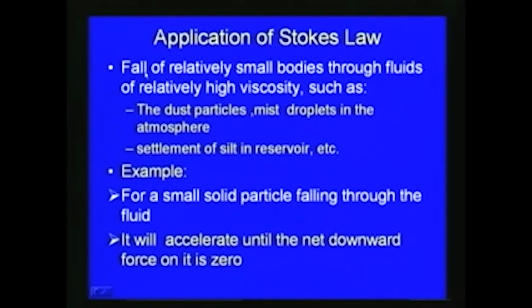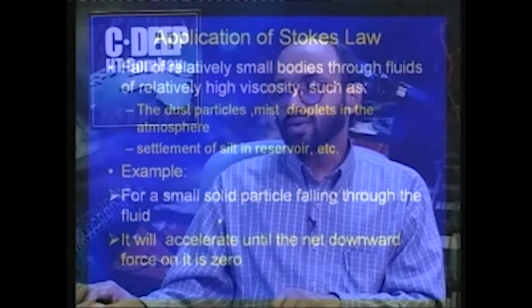For the fall of relatively small bodies through fluids of relatively high viscosity, like dust particles, mist droplets in the atmosphere, and the settlement of silt in reservoirs, etc., we can consider the same. For example, a small solid particle falling through the fluid will accelerate until the net downward force on it is 0.